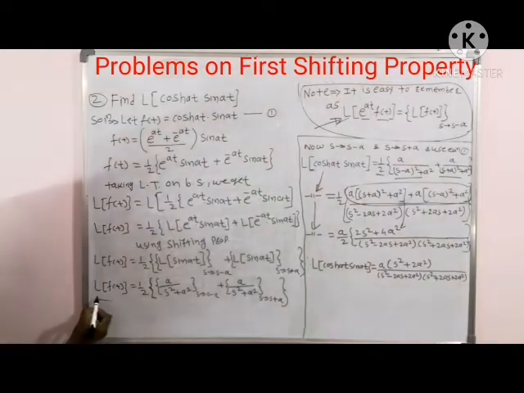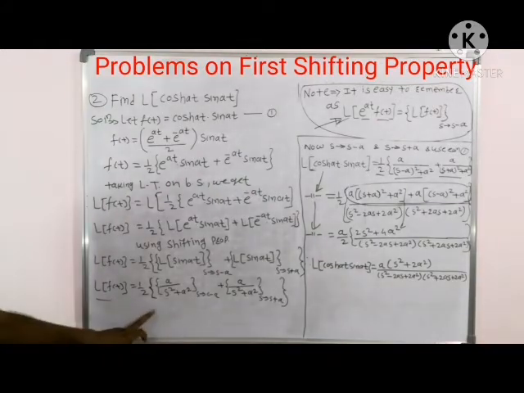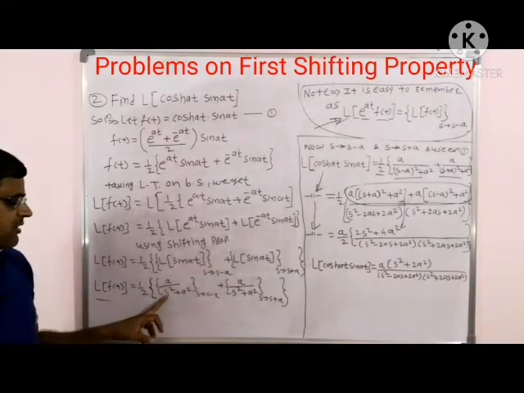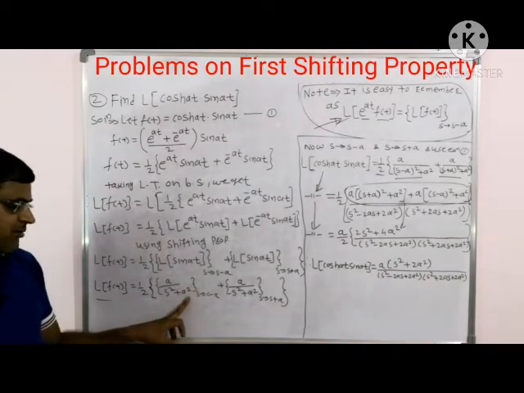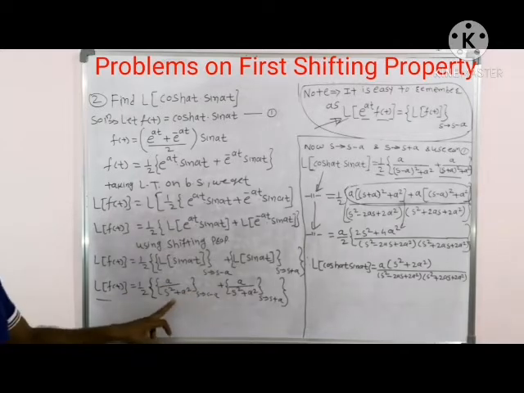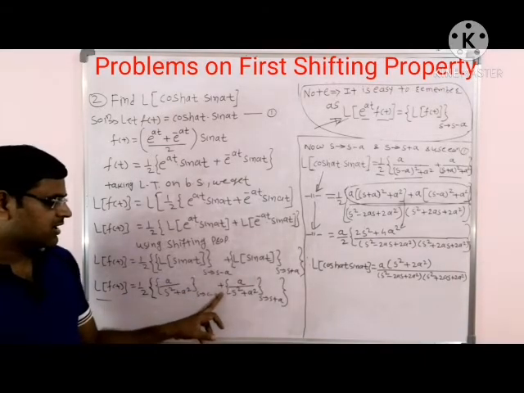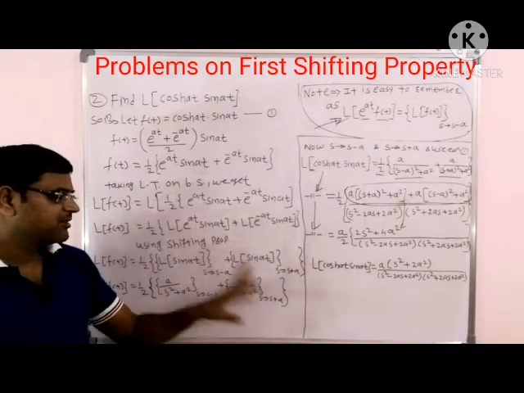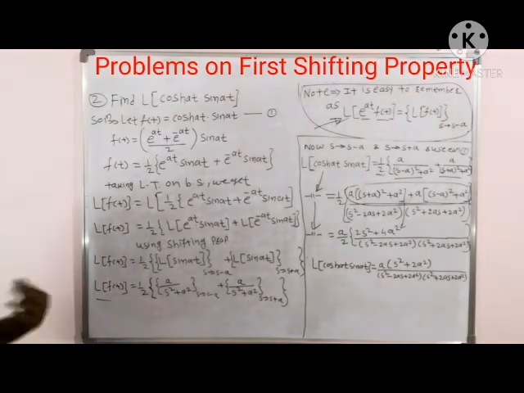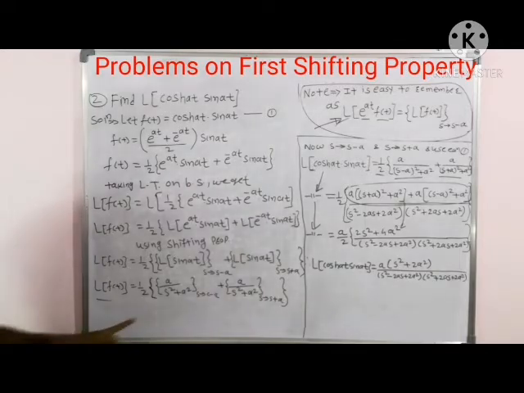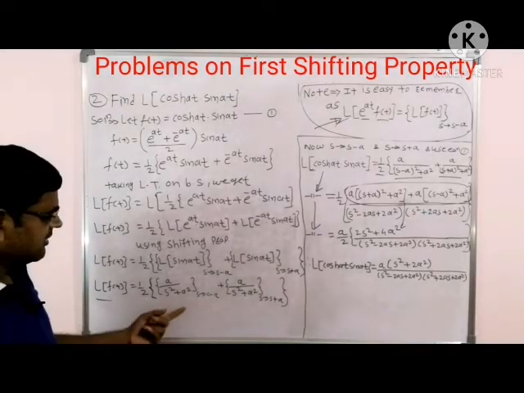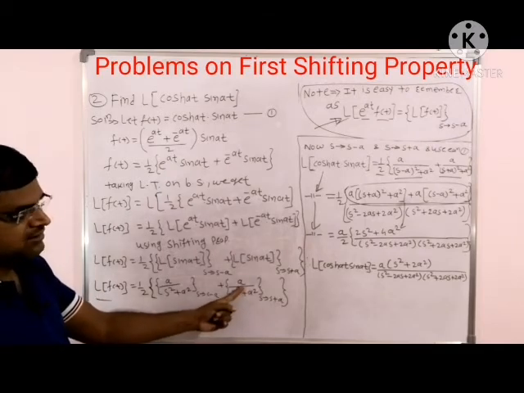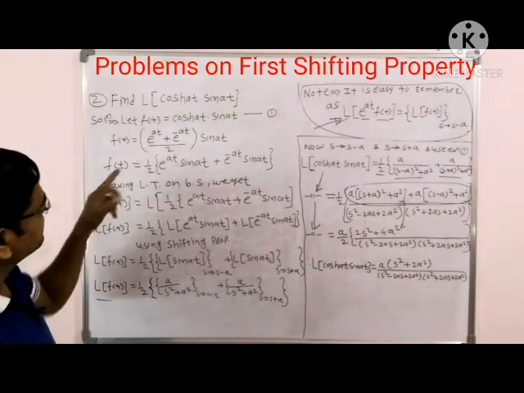So L of f of t equals 1 by 2 as common term. What is the L of sin at? That is a upon s square plus a square. We know that formula. So using that formula, we can write this term. Again, plus L of sin at is a upon s square plus a square, with s replaced by s plus a. Now we replace s by s minus a in this term, and s by s plus a in this term, using equation number 1.